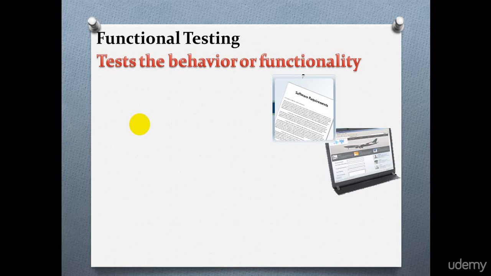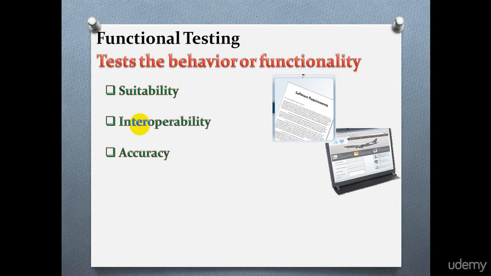Usually, the main focus of functional testing is suitability, interoperability, and accuracy. This is commonly used in functional testing. Suitability testing determines if the application performs as expected for its intended use.